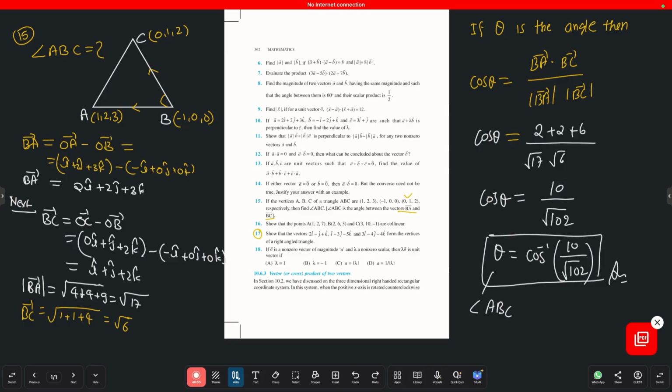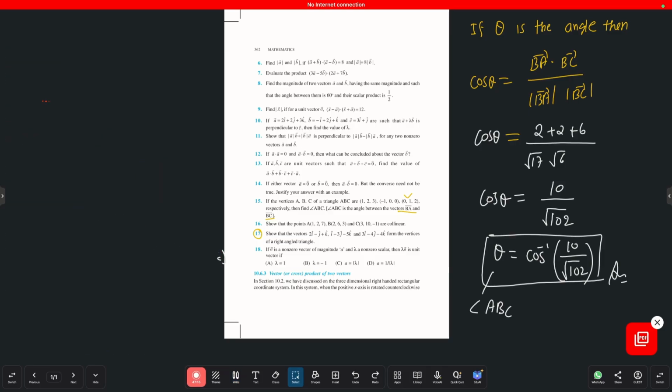And this point, collinear points. Three vectors are collinear means one is here, one is there, and one is there, A, B, C. There are so many ways to prove it. I will give a hint to try this. Suppose collinear means like this: here some A vector, here some B vector, and here some C vector.